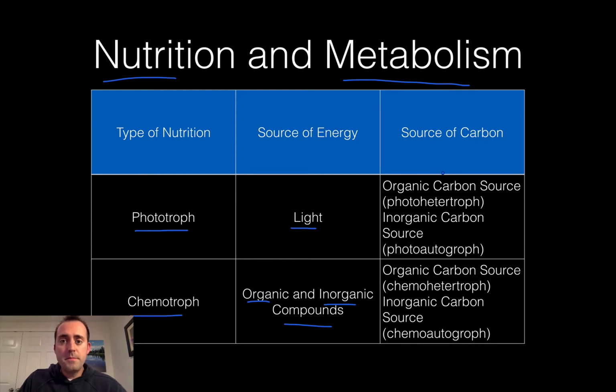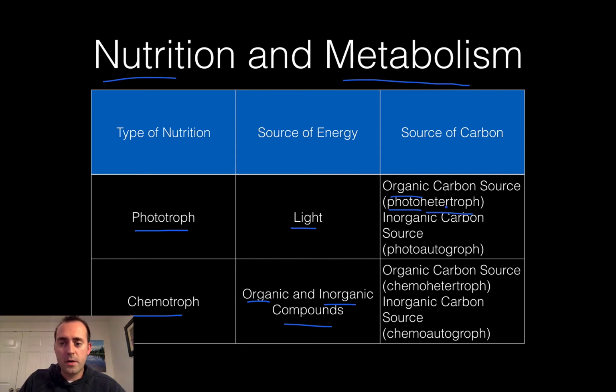Now, when metabolizing food, they also have to have a source of carbon. Just like plants use carbon dioxide to build glucose, bacteria have to use a carbon source to build the organic molecules they need. So if the carbon source is organic in a light-energy-using bacteria, we call it a photoheterotroph.